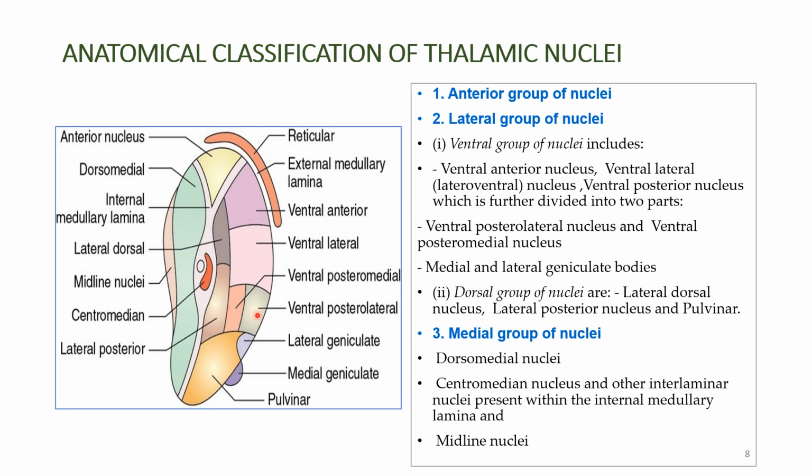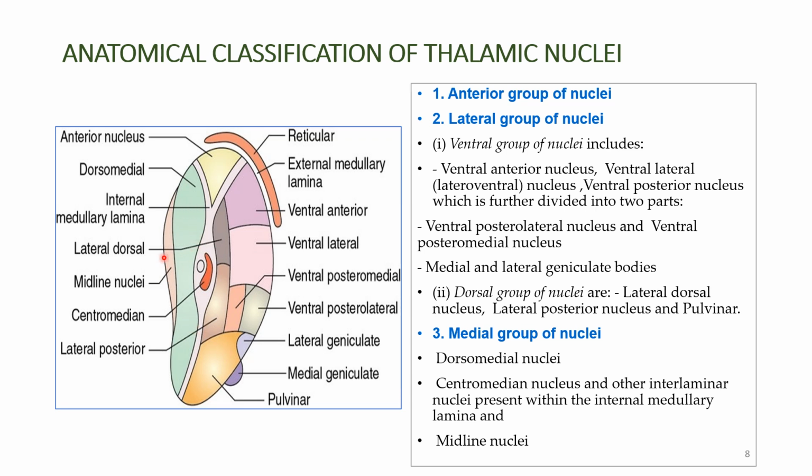Okay. Then geniculate bodies, 5 and 6. So 6 names of the nuclei you have to write in the ventral group of nuclei. Then coming to the dorsal group, you should write these three names: lateral dorsal, lateral posterior and pulvinar. So this is 1, this is 6 and these are 3. So totally 10 nuclei we have covered up to this.